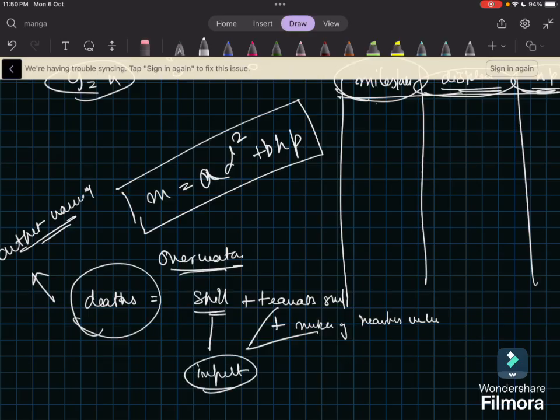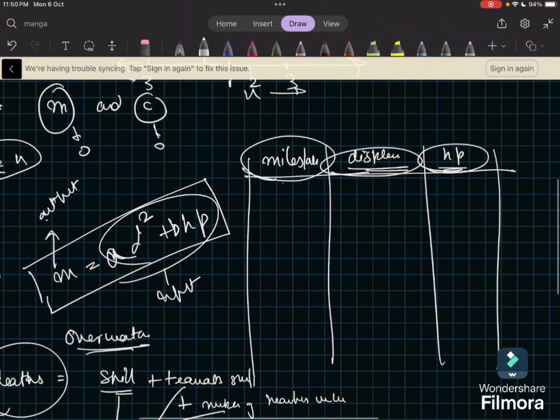input, output, input, also known as predictors, and this is also known as response variable.